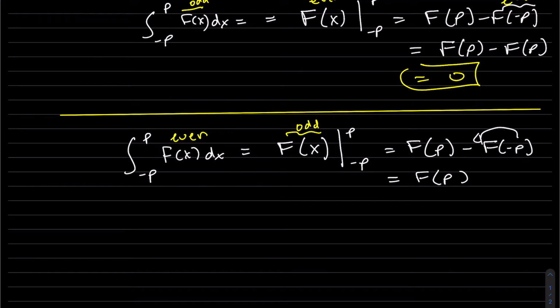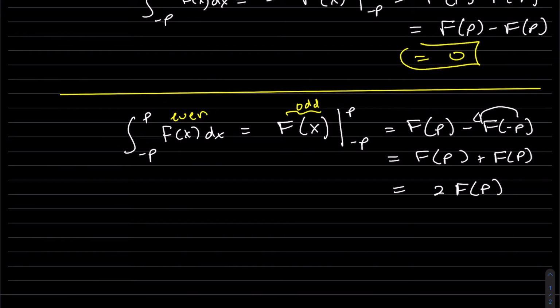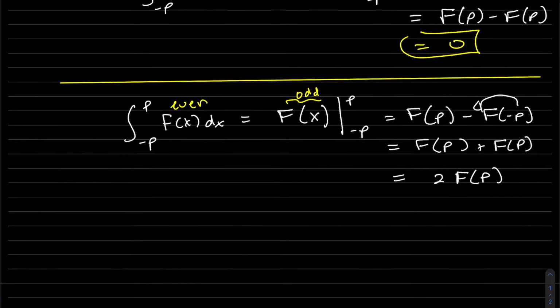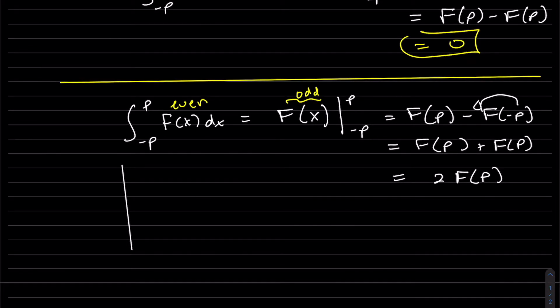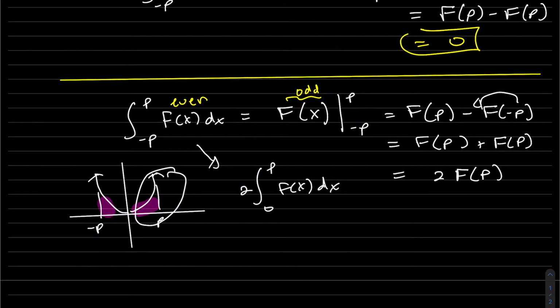This negative goes in the front and makes a plus, 2 negatives. So you get double. And of course we get double because it's symmetrical around the y. We can just go from 0 to p and double it. If we wanted to, we can just do this half and double it, or the left half.